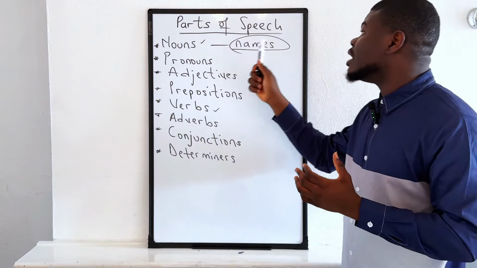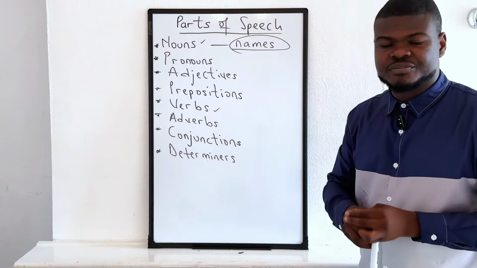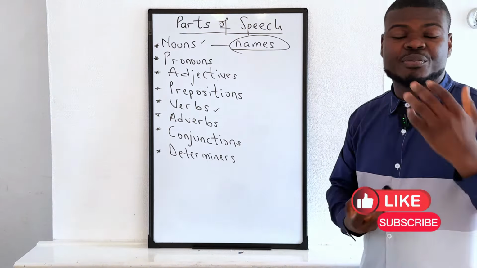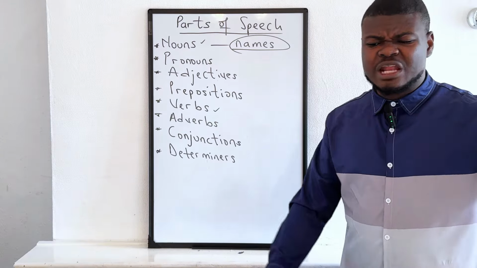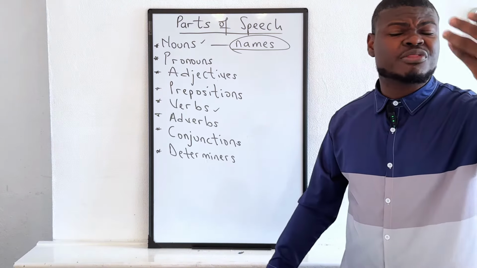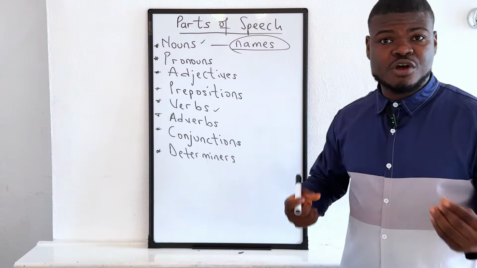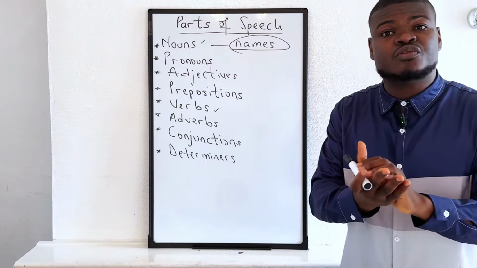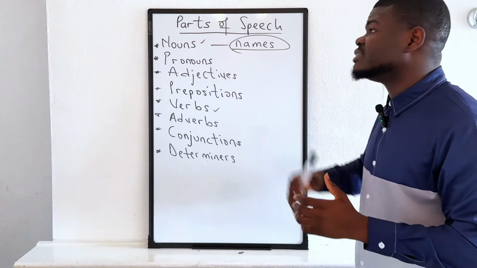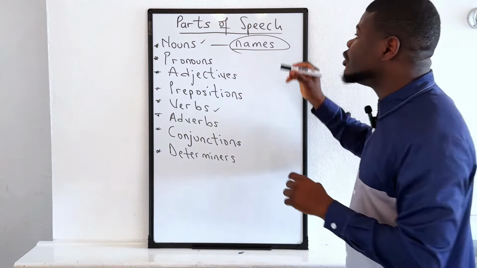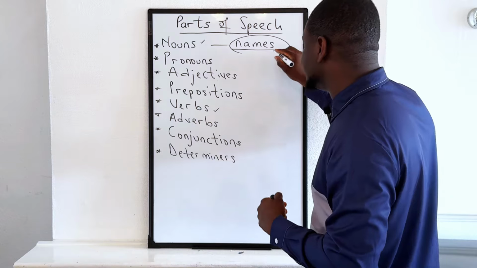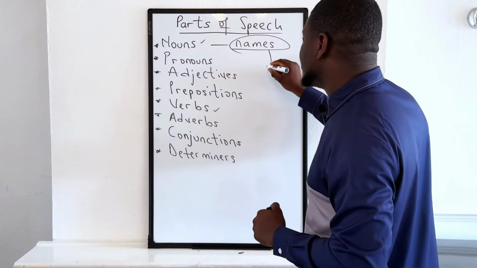It could be the name of a person, a place, an animal, an object, or something you've never seen, but it's got a name, like love. I have never seen love, but I know the concept of love exists. That is a noun. So anything at all that's got a name is a noun.